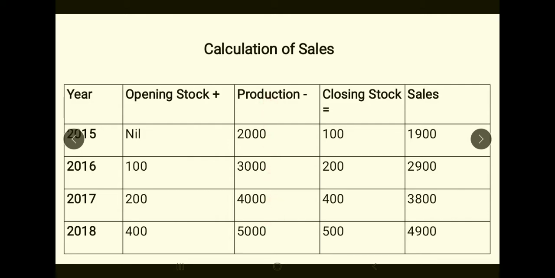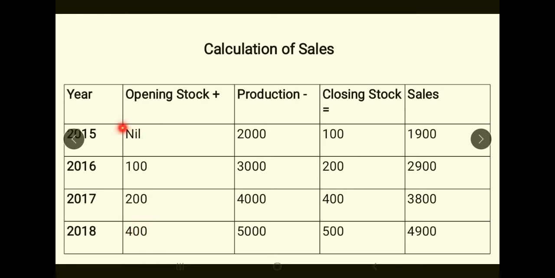So this is the formula. Now production and closing stock are given in the question. Number of books printed and closing stock are given in the question. How do you get opening stock? Closing stock of 2015 is opening stock for 2016. Closing stock for 2016 is opening stock for 2017. Closing stock of 2017 is opening stock for 2018.